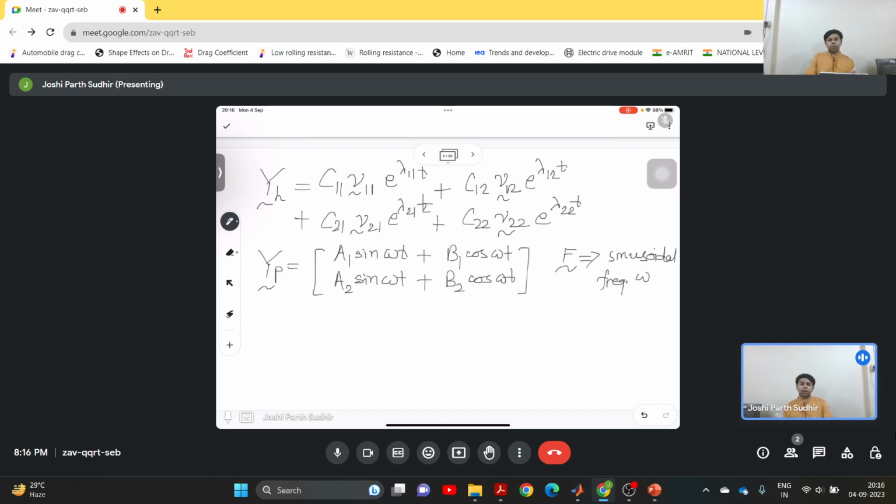So basically a combination of sine and cosine functions, and the YH will be our transient response. So our total response will be the sum of the steady state and transient response. We can get the values of C11, C12, C21 and C22 based on the initial conditions.